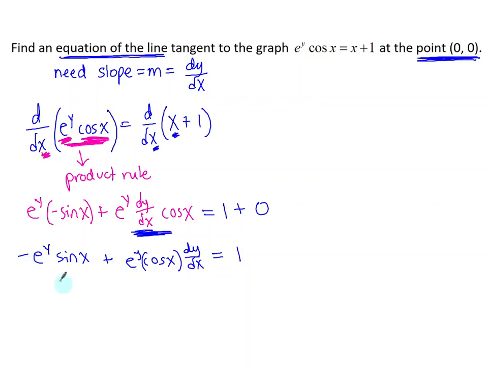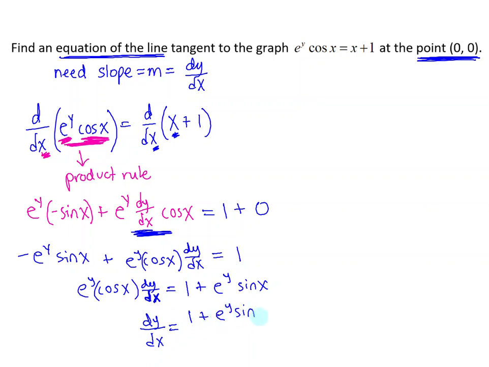This can get added to the other side. So e to the y cosine x dy/dx equals 1 plus e to the y sine x. Now I want dy/dx, so I need to divide by that, which is multiplied to it. dy/dx equals 1 plus e to the y times sine x over e to the y times cosine x.